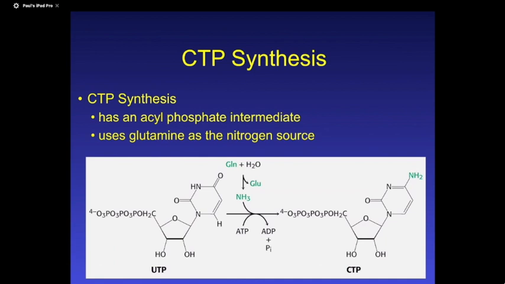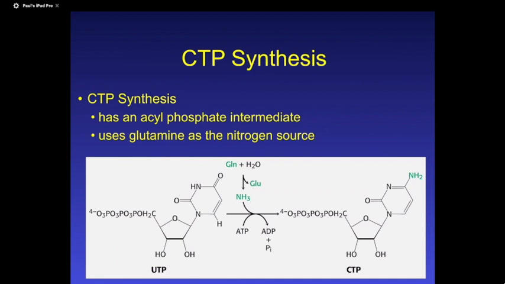And so we are going to use ATP as the power. We're going to use glutamine to provide the nitrogen. And we are going to form a substitution where once was the ketone is now the nitrogen.